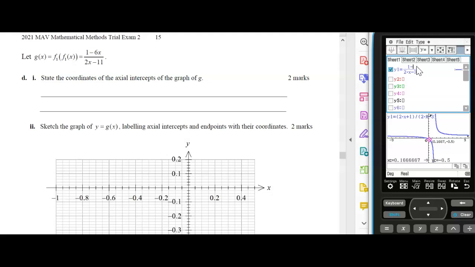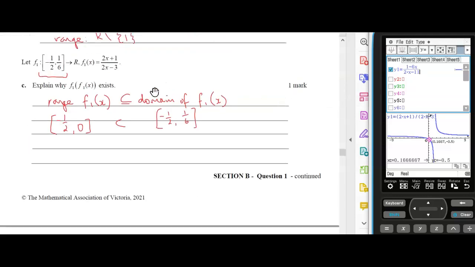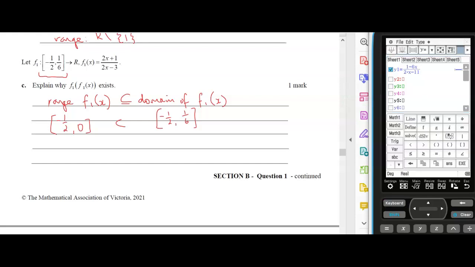We're at (1 minus 6x) over (2x minus 11). And remember that f1 has a restricted domain, so we do need to restrict that. So I'll go back onto my keyboard. Given that, where are we going in between? Negative a half.